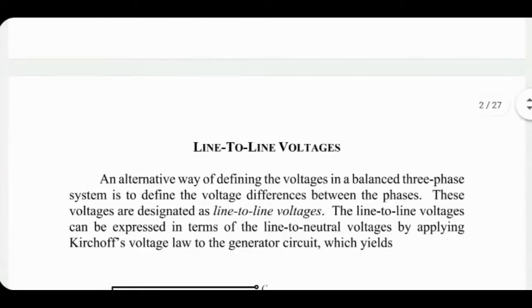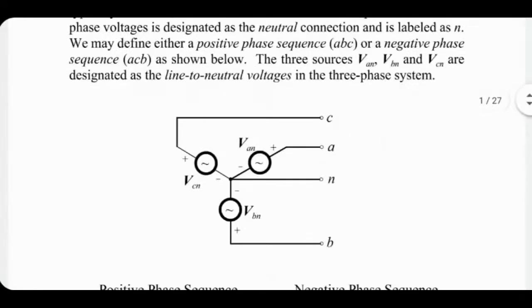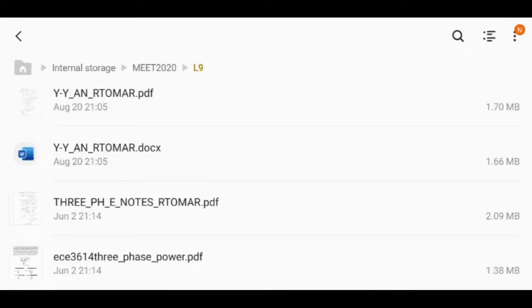And the load can also be connected in a similar manner. It can be either delta connection or star connection. In case of a star connection, we get 4 wires out, 3 phase wires, or actually 3 lines, which are same as phase voltages, and a neutral wire. In case of delta connection, we get only 3 wires out. So I thought I'll remind you of that.